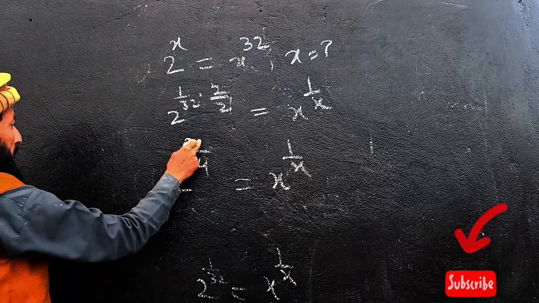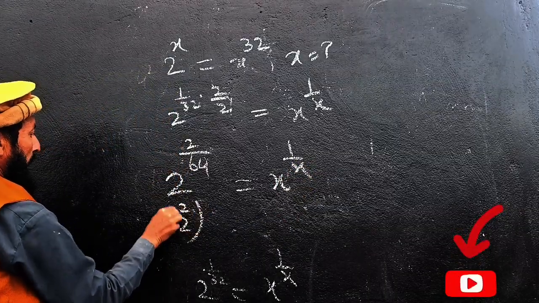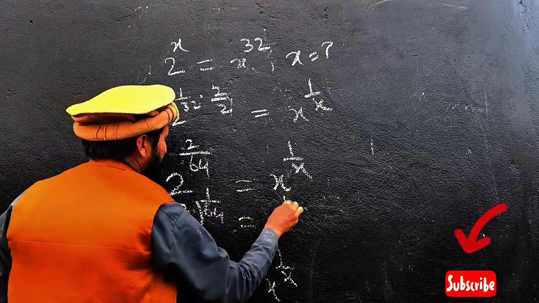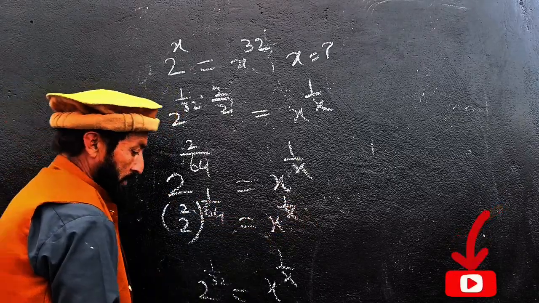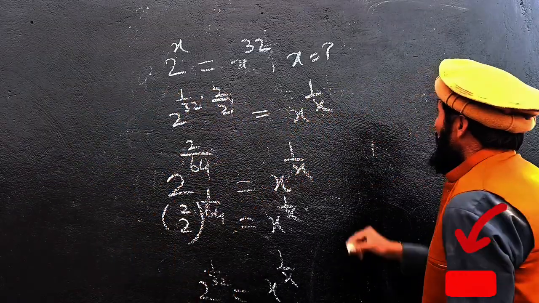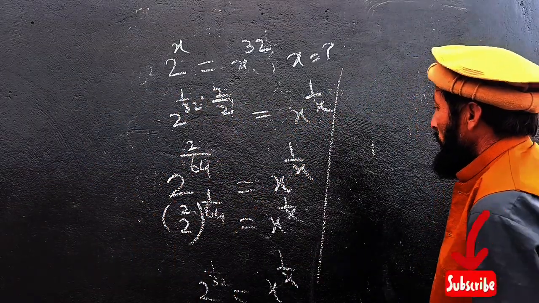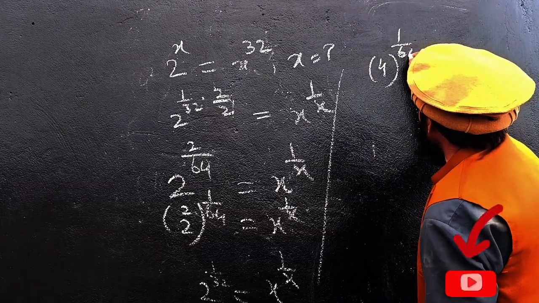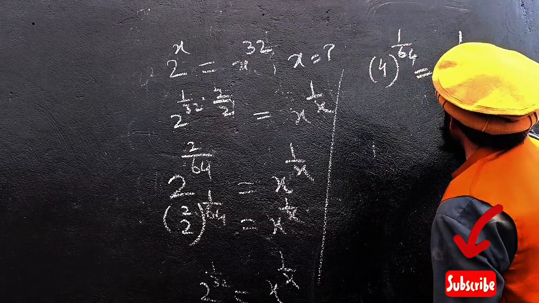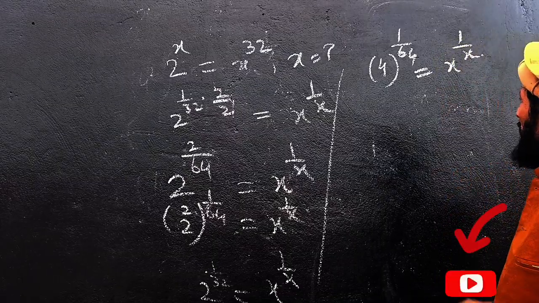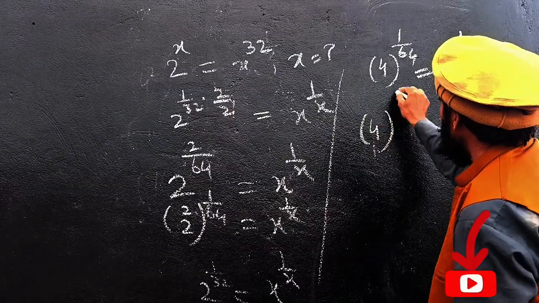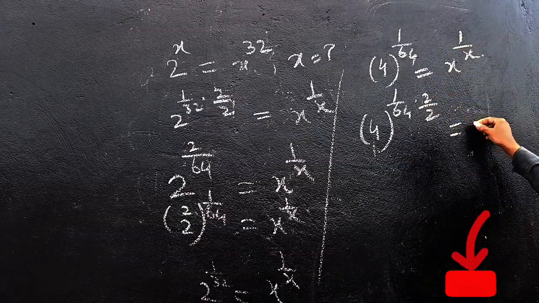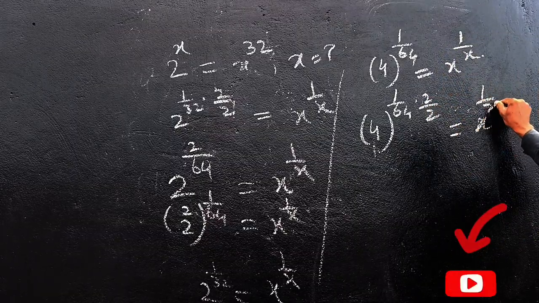Similarly, this power we can write as 2 power 2, and 1/64 is remaining, x^(1/x). Now this will give 2 squared, we get 4, and 1/64 is equal to x^(1/x). Again we multiply and divide the power by 2 on the left side, x^(1/x).